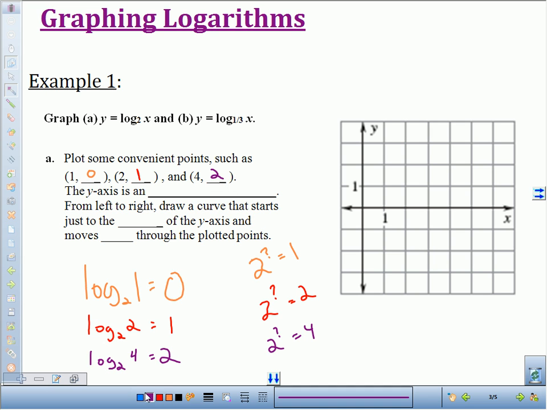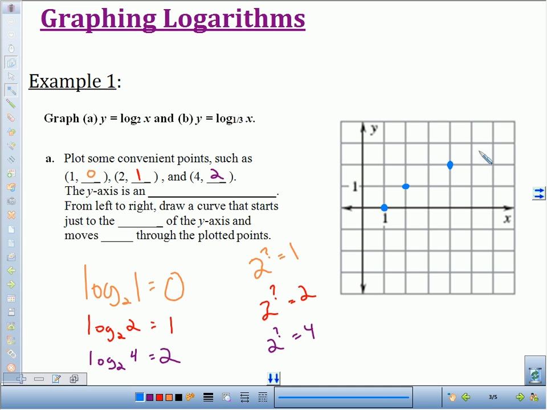Let's go ahead and plot those points. 1, 0 is right here. 2, 1 is right here. And 4, 2 is right there.